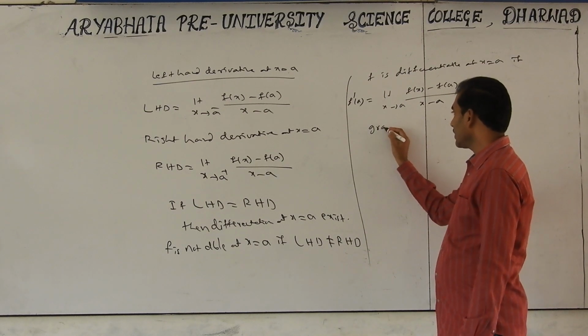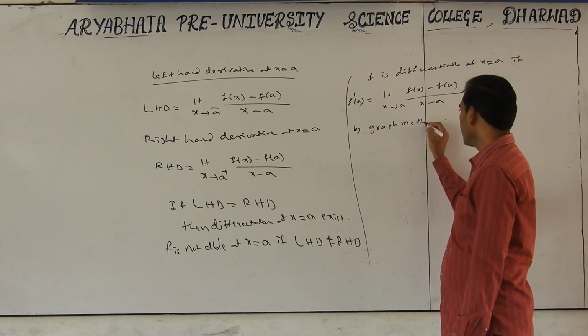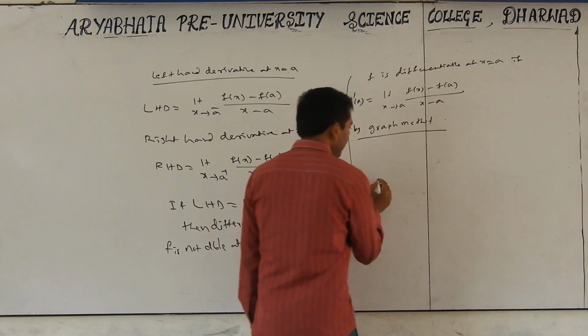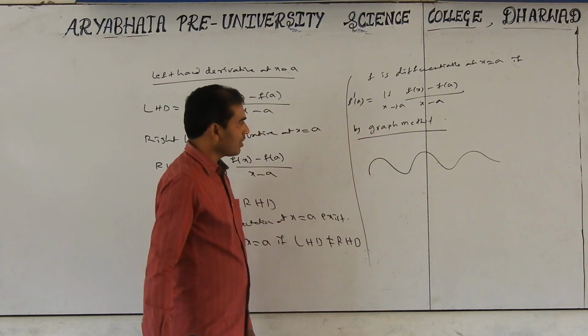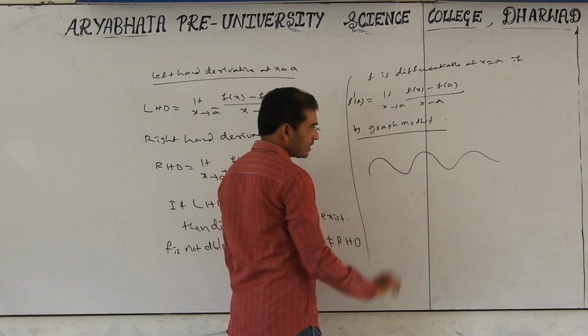Now let's discuss the same concept by the graph method. For example, take a graph like this and take any point A on it. Is there any sharp edge here?